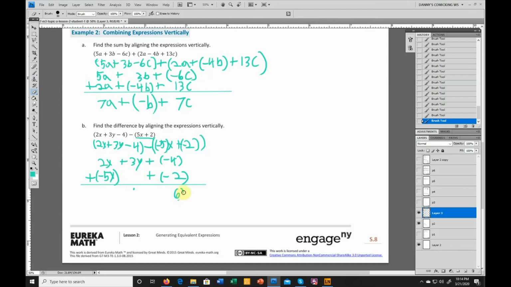It's going to be 3y minus 6, plus, because we bring down our plus symbols, 2x plus minus 5x is minus 3x. So there's your final answer.